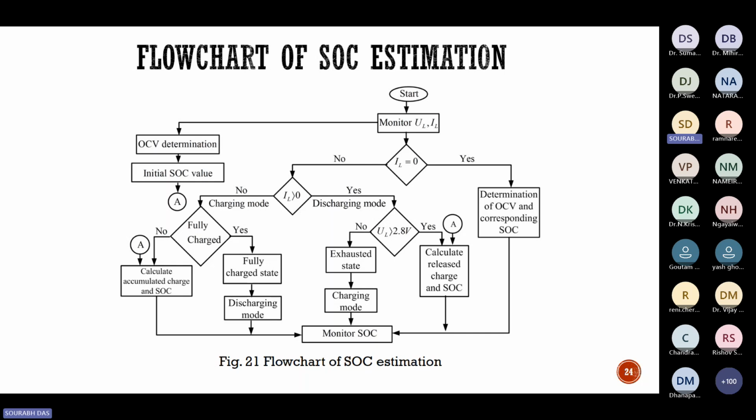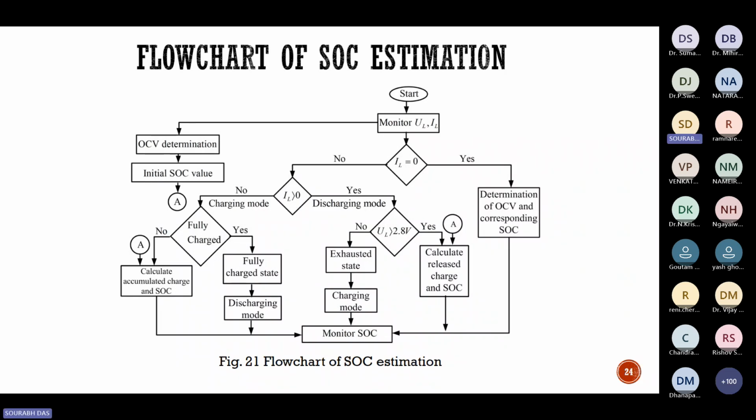Then if IL is not zero, the algorithm checks whether IL is greater than zero or not. If it is greater than zero, it indicates that charging is required. Otherwise, it moves to the discharging mode.